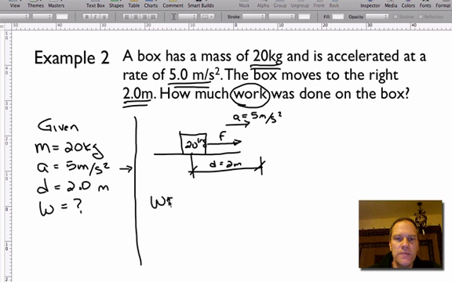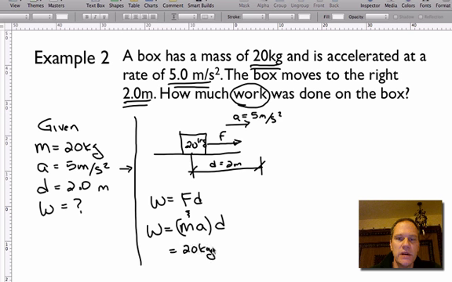So work is equal to force times distance. Well, what do we know about the force? If you think back to Newton's laws, we know that force is equal to mass times acceleration. So work then, we have mass, we have acceleration, we have the distance, and now we can substitute those things in.